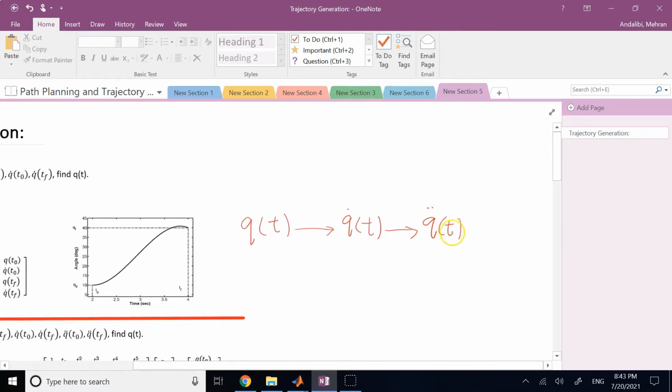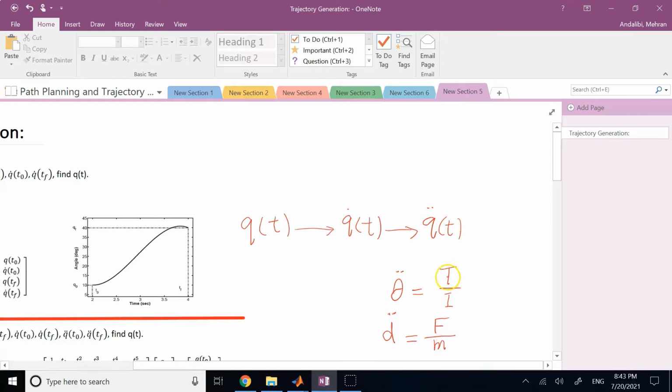And this angular acceleration does depend on the torque, correct? For example, theta double dot, or alpha, is equal to the torque divided by the mass moment of inertia, I. Or if it's a prismatic joint, then d double dot is equal to the force applied to the joint divided by the mass, correct?